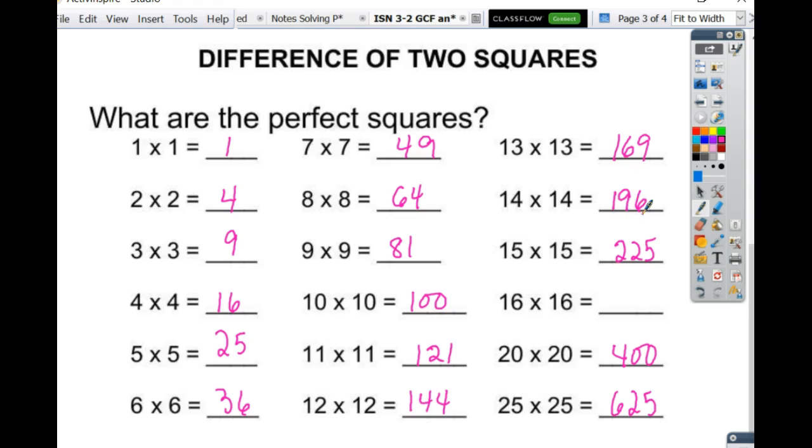I knew it ended in 6. And what's 16 times 16? 256. There we go. And 11 times 11 is 121? Okay.